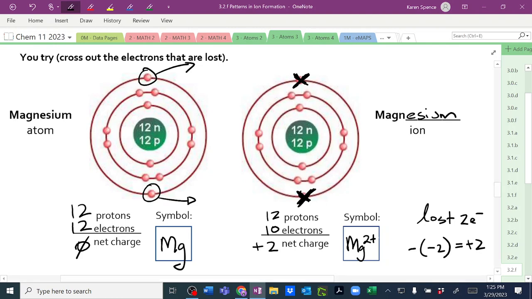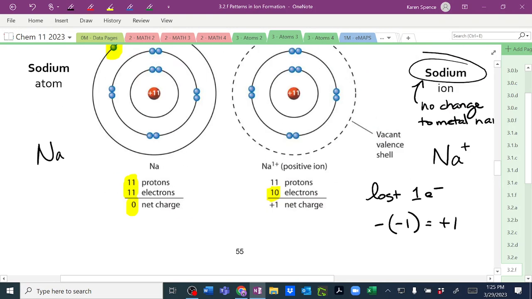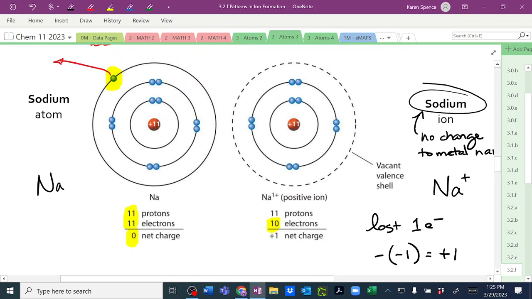Would I get full credit for this Bohr model? What have I forgotten? Brackets and the charge. Let's go back and see if I forgot any others. I think I did. Let's go back. Did I forget it on sodium? I forgot it on sodium.